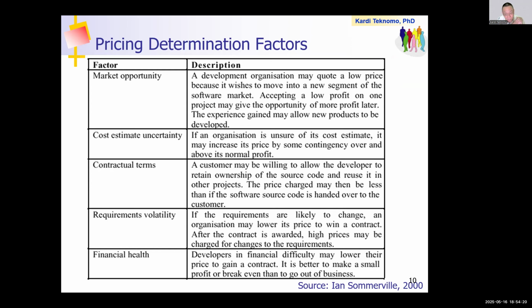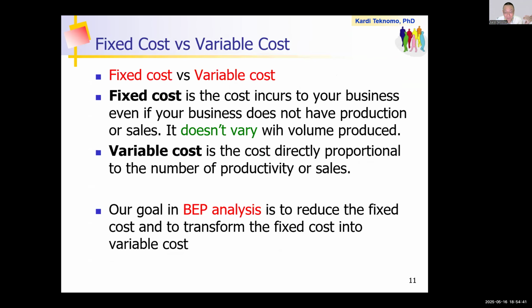For example, if you are having difficulty getting certain projects, then you probably want to lower your price, right? So this is not included in our BEP analysis. What is included in our BEP analysis is just based on this assumption.